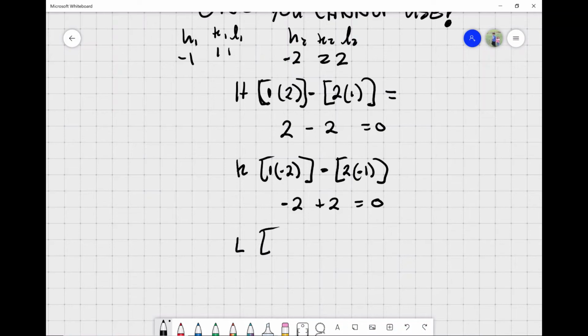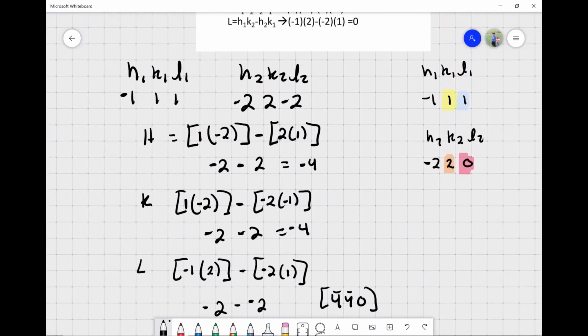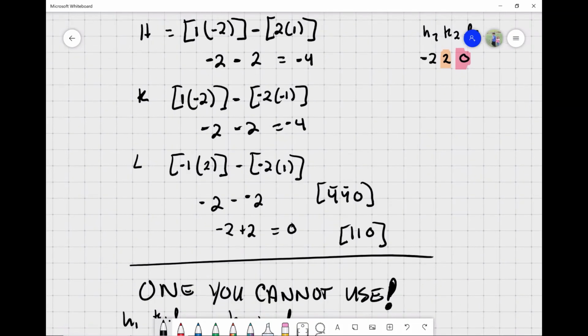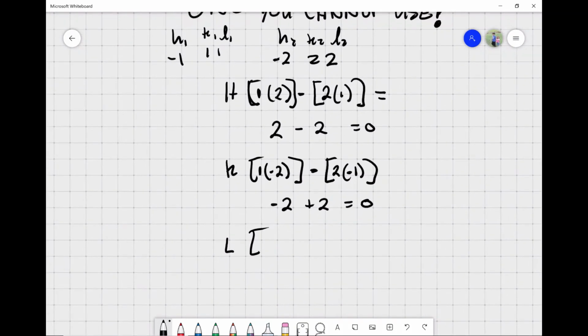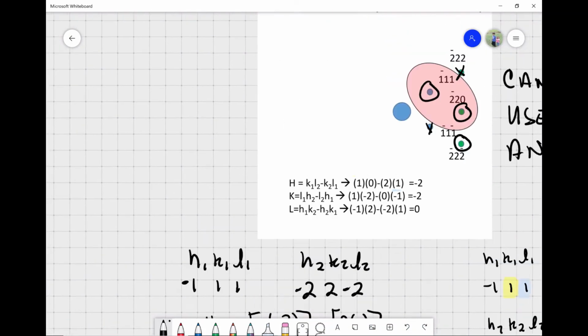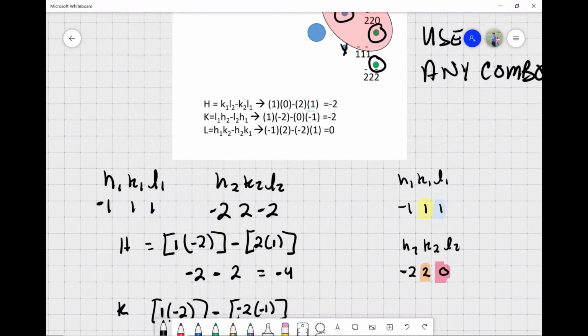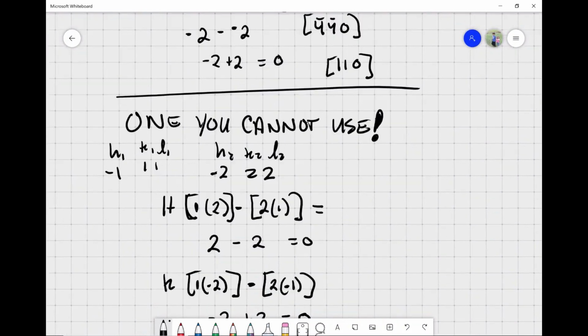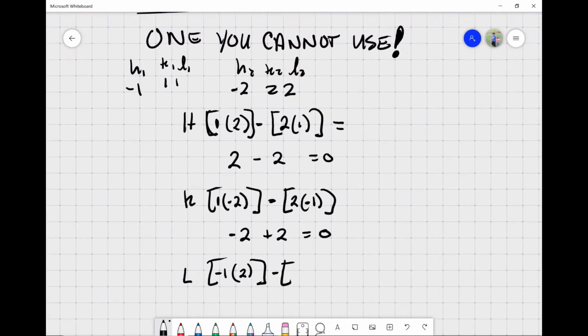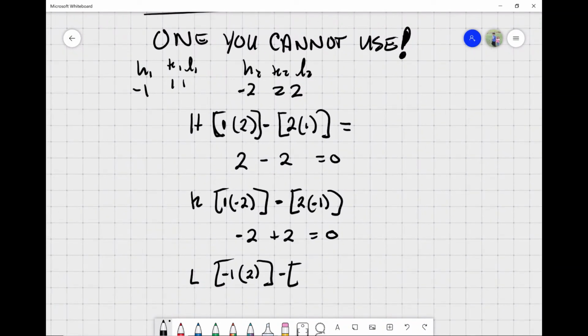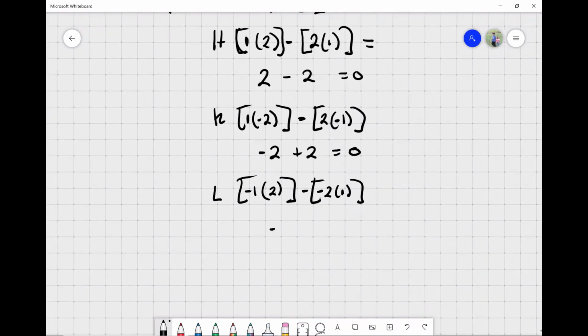And L is H1, K2 minus H2, K1. So H1 is negative 1, K2 is 2. So I feel like I'm playing bingo. H2 times K1 is 1. And again, we have minus 2 plus 2 equals 0.